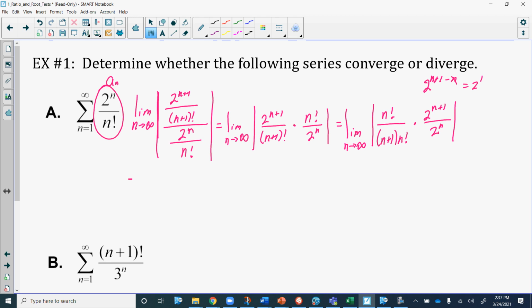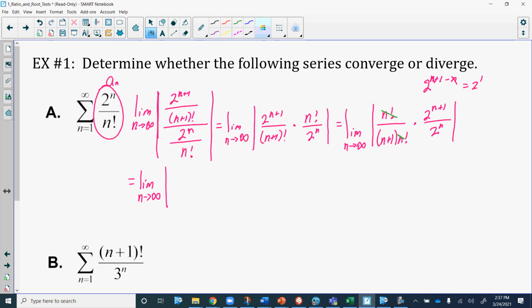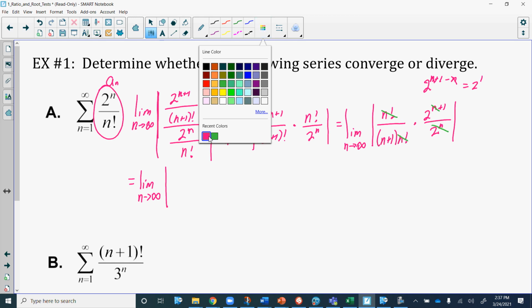But let's keep going horizontally. The limit as n approaches infinity. Now what you're going to see is n factorial and n factorial simplify to be 1. 2 to the n plus 1 power over 2 to the n is just going to leave me 2 to the first power, since n plus 1 minus n is 1. So, or just 2.